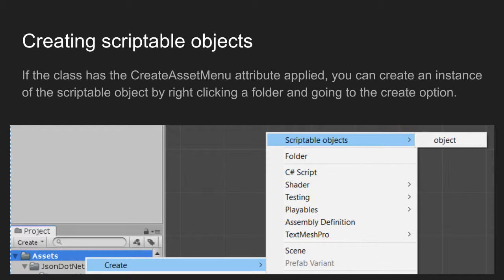Am I going too fast? I had a quick question for the first slide. You said they're almost like the same thing as MonoBehaviours, except that you don't have to attach them to game objects. So why would that matter?